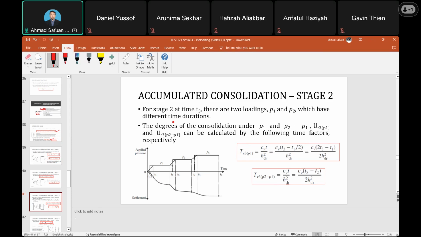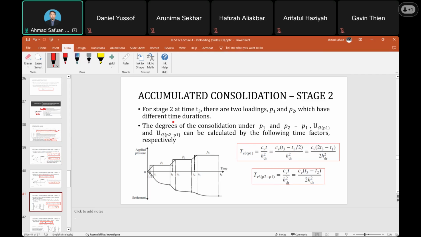So this is stage number 2. At stage number 2, there will be two time factors because we actually use the superposition method, a combination of stage 1 and stage 2.